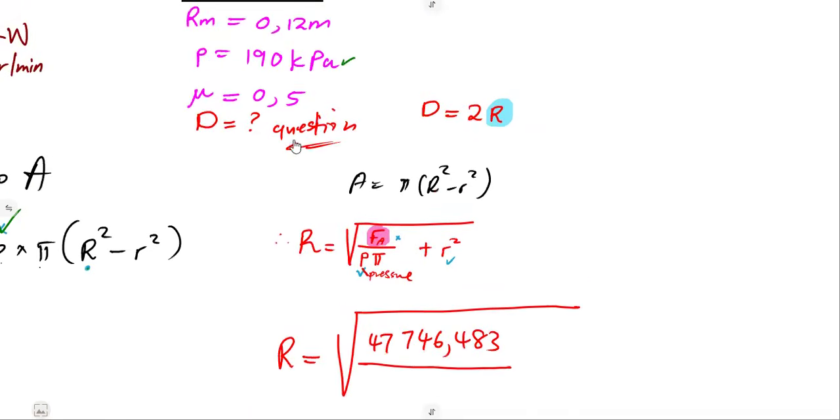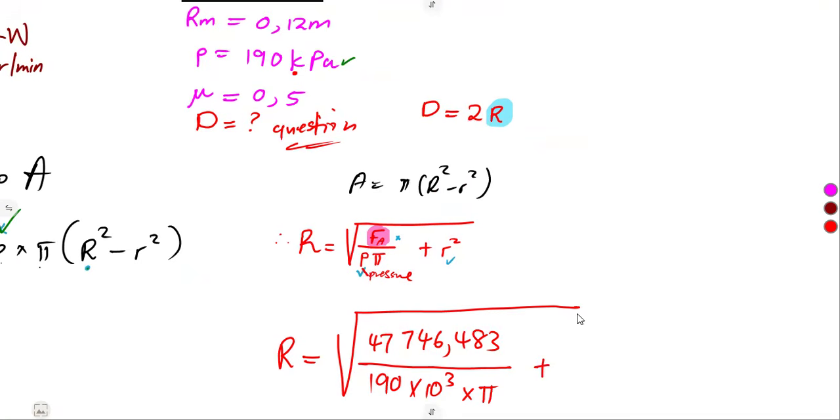Our pressure is 190 kilopascal. So that's 190 times 10 to the exponent of 3, to get rid of that kilo, times pi, plus r squared. This fraction as it is done.